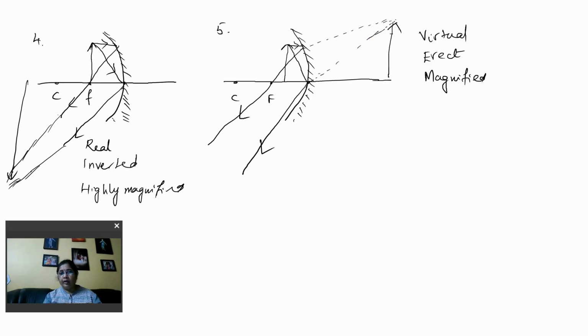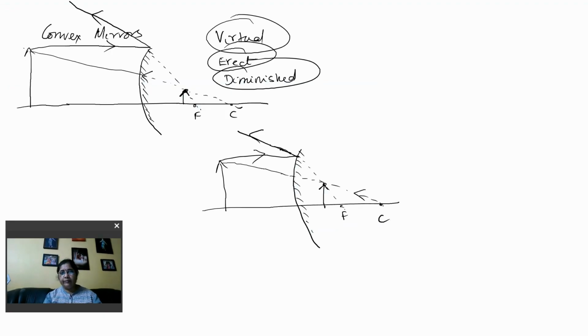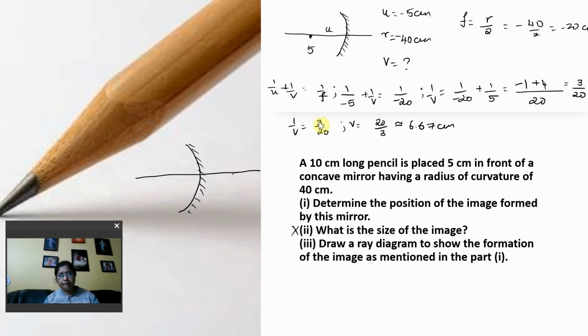Which means, to draw a ray diagram, if this is the focus, our object should be somewhere here. When your object is somewhere here, what did I tell you? So this goes like this, and after reflection it has to go through the focus.